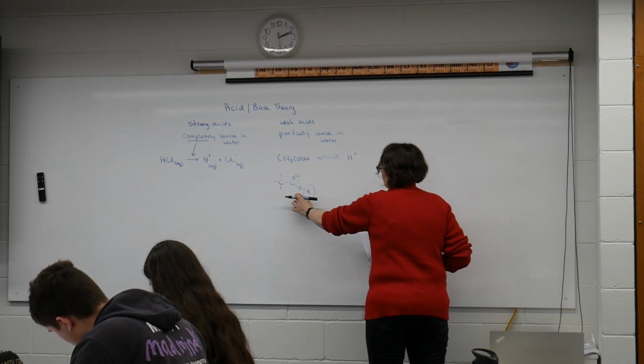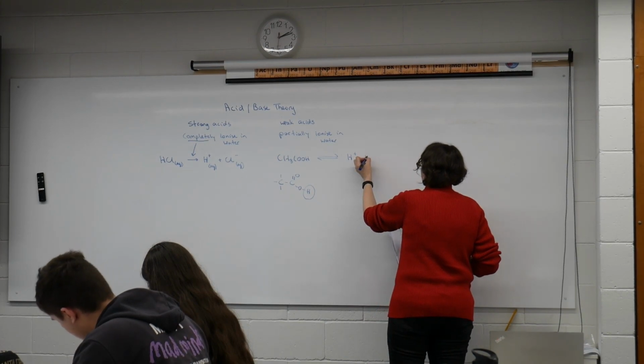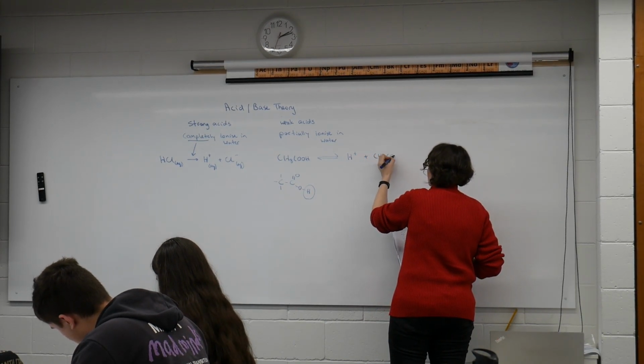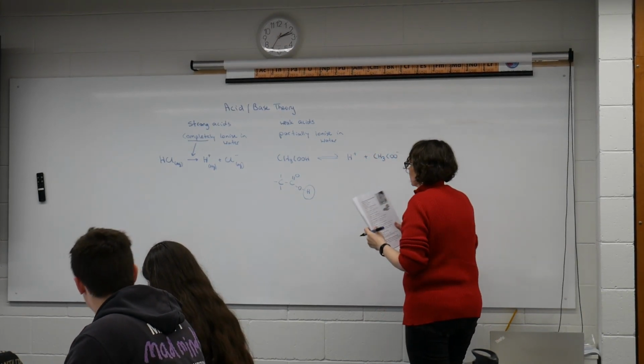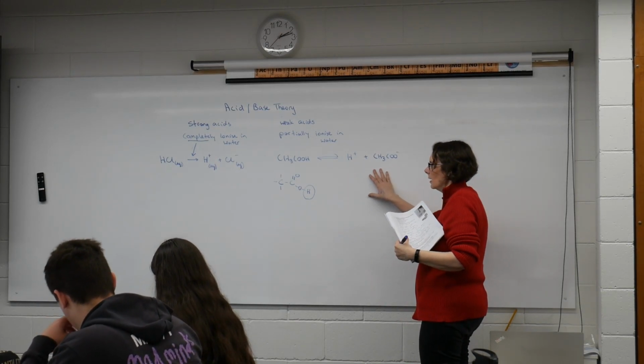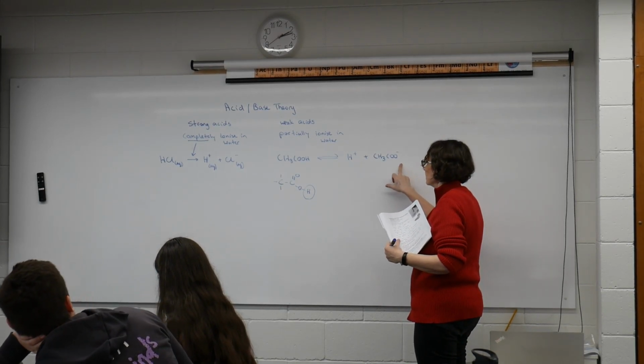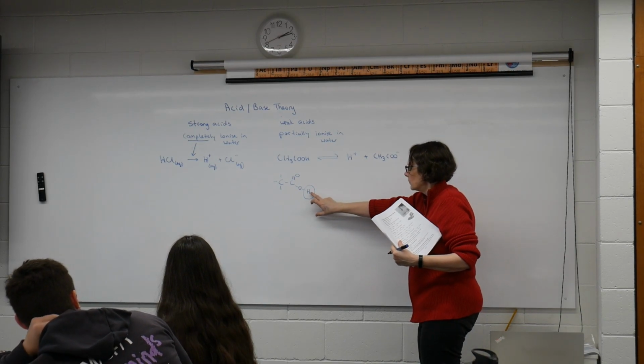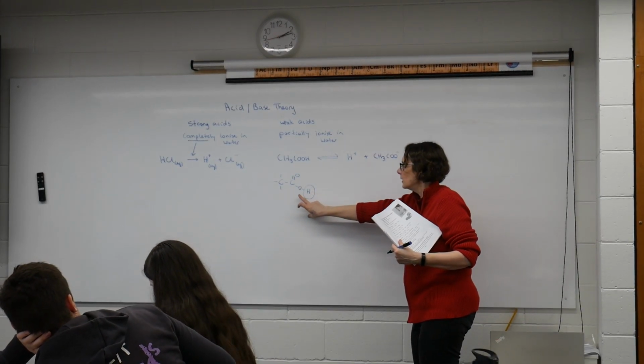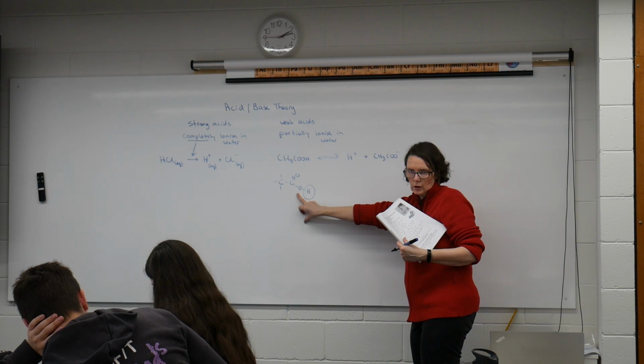It's the one attached to the oxygen. Which is why we write our FNO ion out like that, just to indicate that the H plus ion has come off here and we've left a negative charge then on the oxygen there.